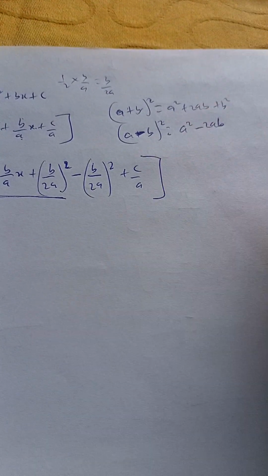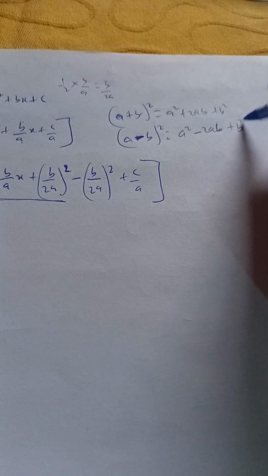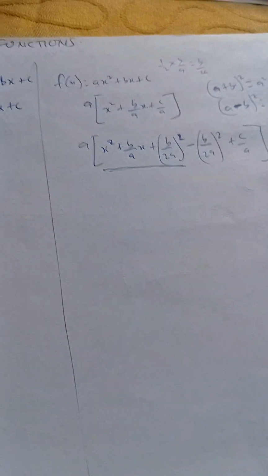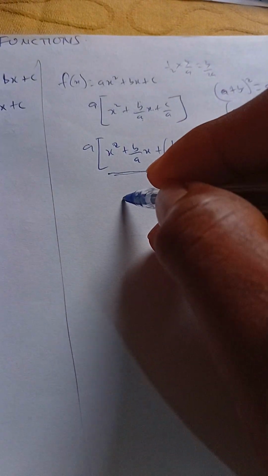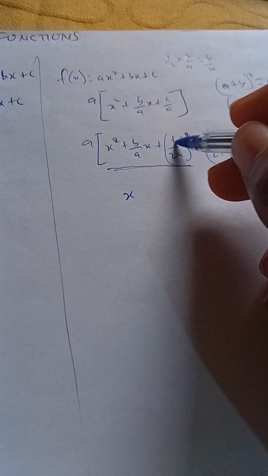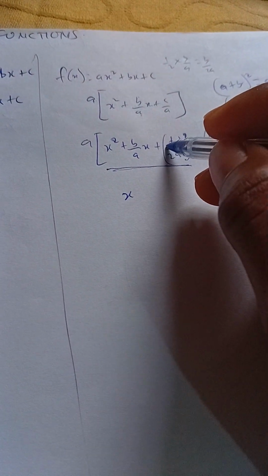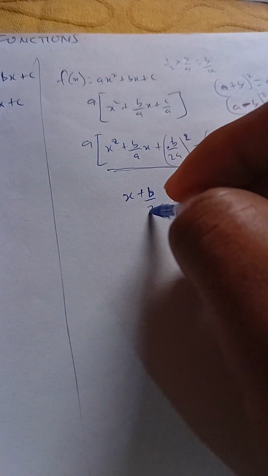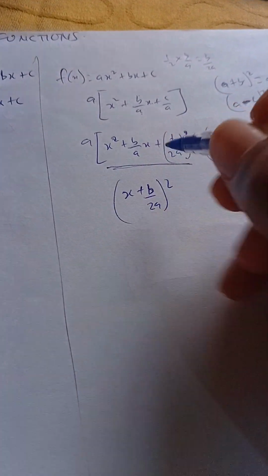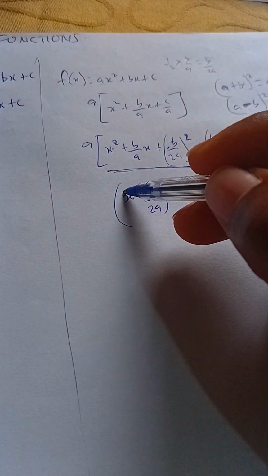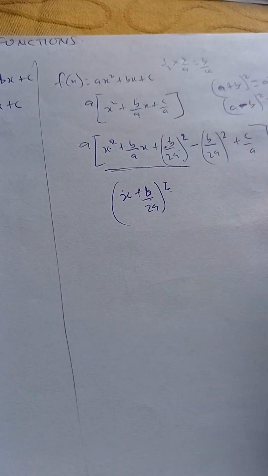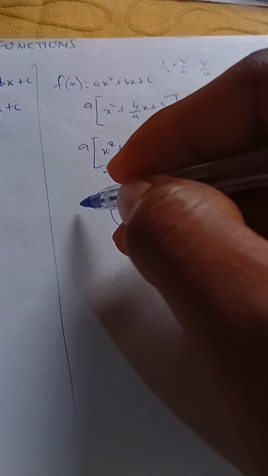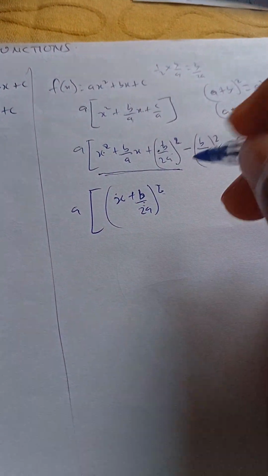You square minus b, you get positive b squared. So if you look at this, this is just x, and in the bracket there is a positive sign. So plus b on 2a all squared. Square this times this, you get that, then you square that. That's all. Remember your a was outside.